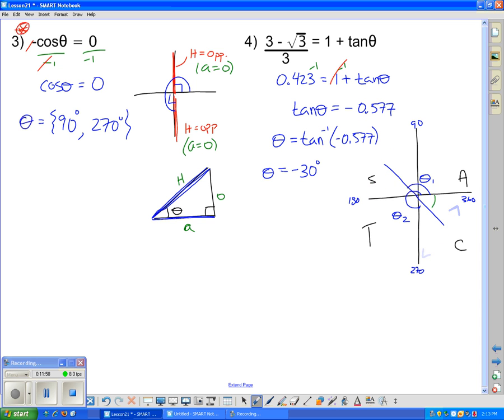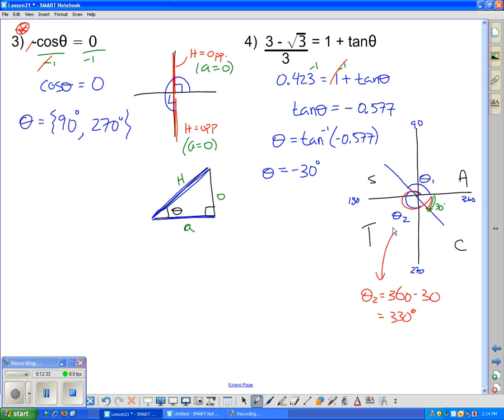So from here to here is 30 degrees. What that tells me is that I can find theta 2. Theta 2 is 360 degrees minus the 30, so all the way around and then back up 30. So theta 2 is 330 degrees. There's one possible solution.